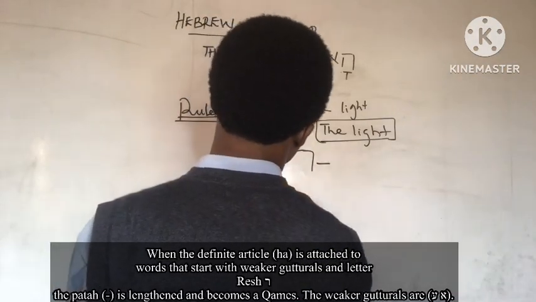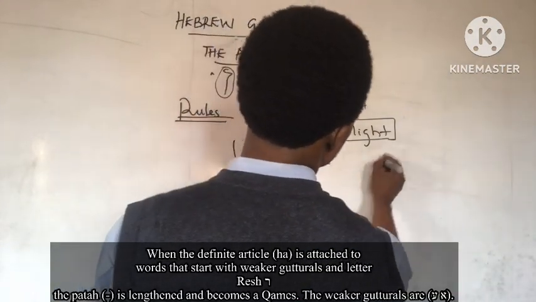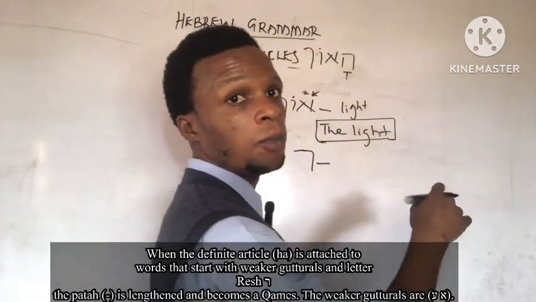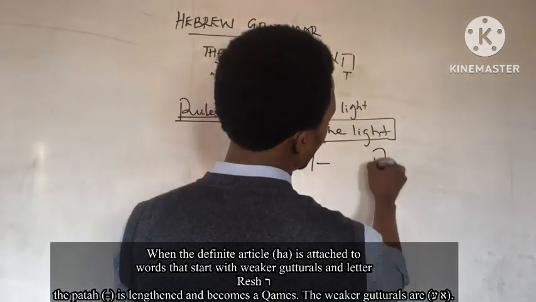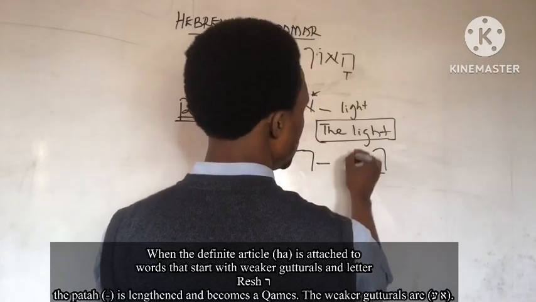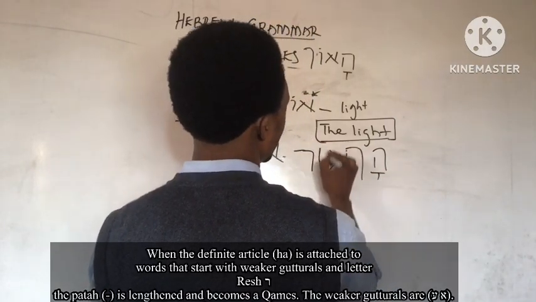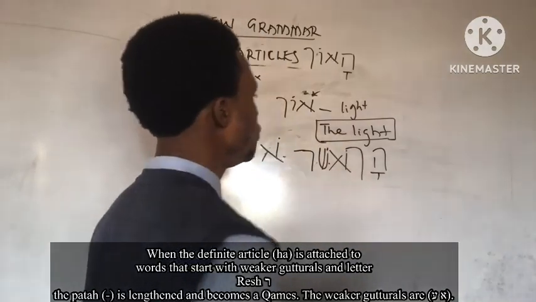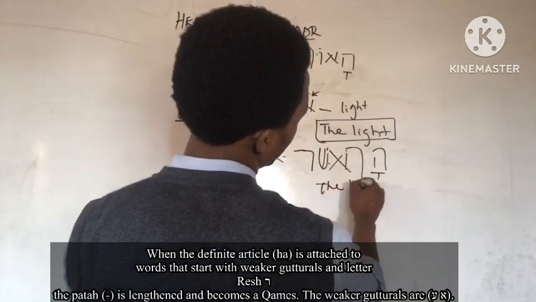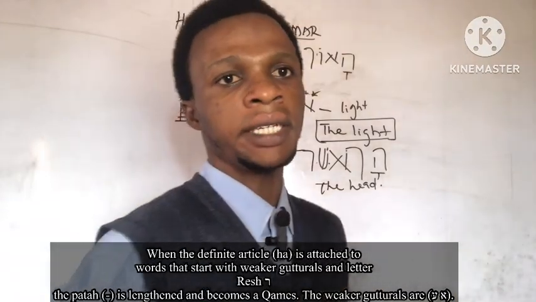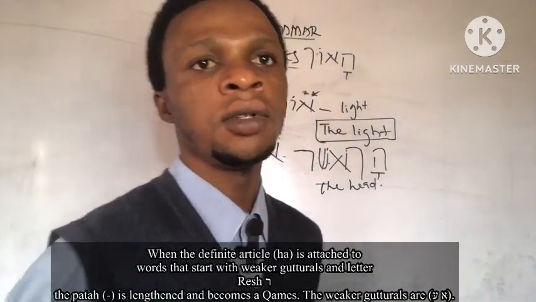By the time you want to write rosh with the article, you are not going to write the ha with a patach, but with a long kamet. Then you have your harosh, which means the head. So that is all about the second rule.